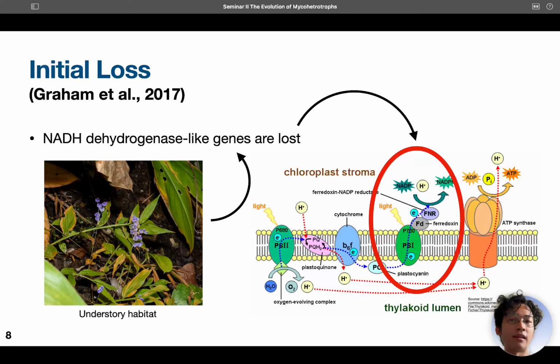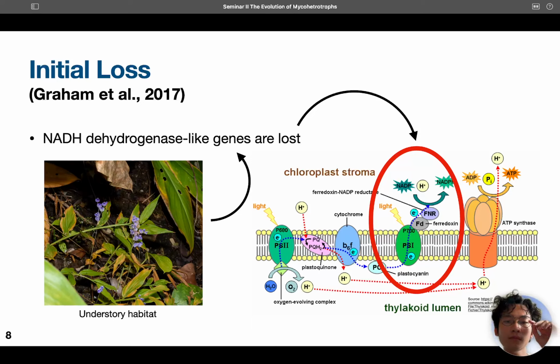So eventually these genes get lost in the course of evolution, and when they are lost, the plant cannot go back to another habitat, not under the canopy of other big plants, in the deep forest.